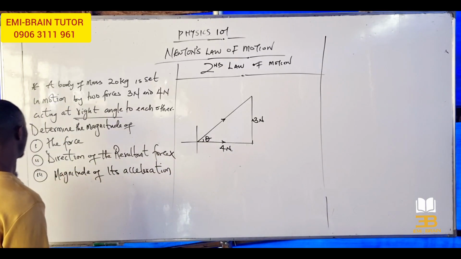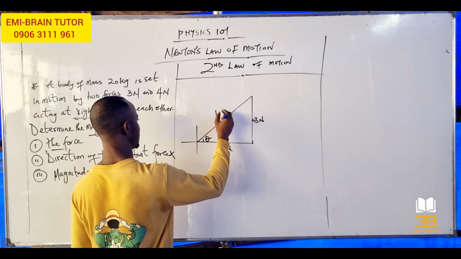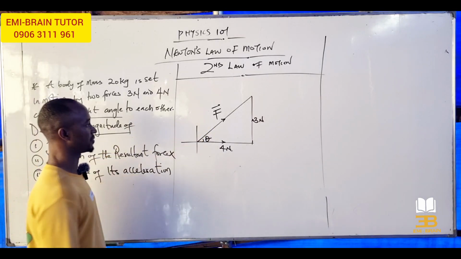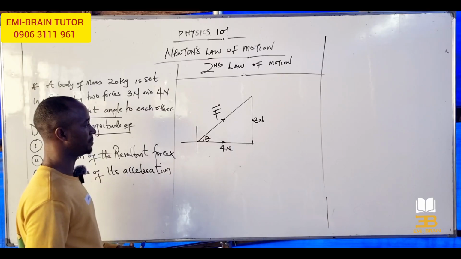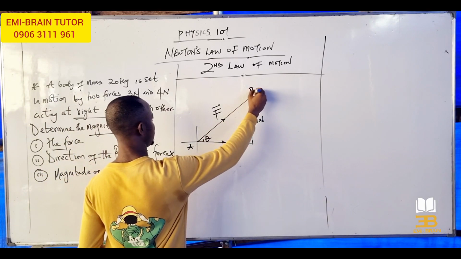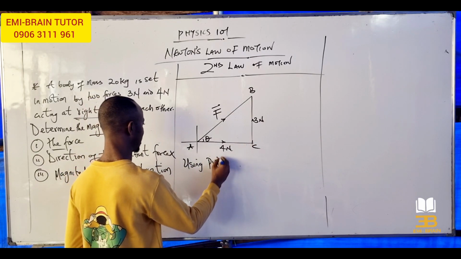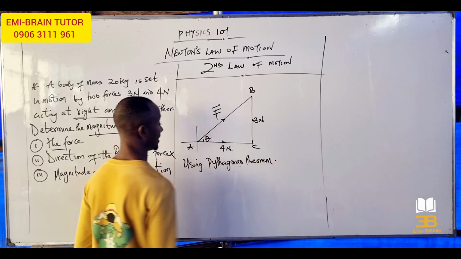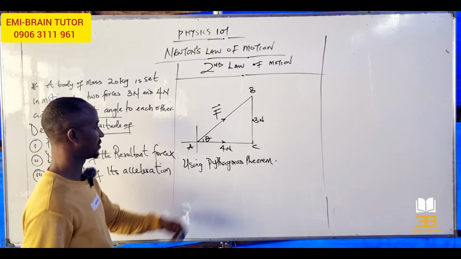Now we also find the magnitude of the force, which is this. Let's call it F, our force. To find the force here, we're going to use the Pythagoras theorem. Let me call here point A, point B, and point C. Because we have a right angle triangle, the only theorem we can adopt is the Pythagoras theorem.